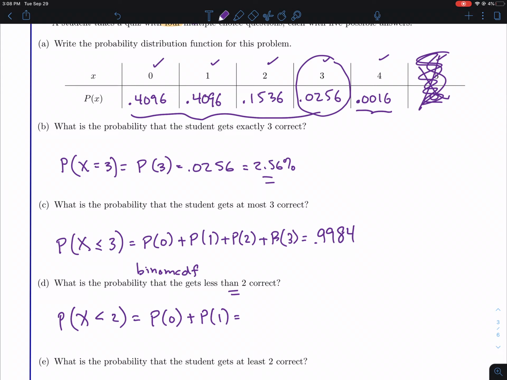But if I wanted to do this using binomial CDF, I have to tweak it a little bit, because remember, binomial CDF is always less than or equal to. So I can include just 1, because if I go up to 2, it's going to give me the whole entire thing.